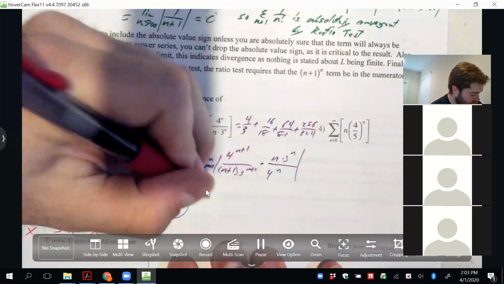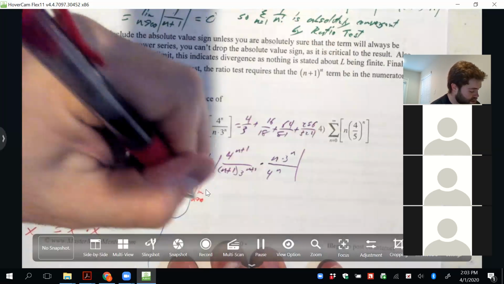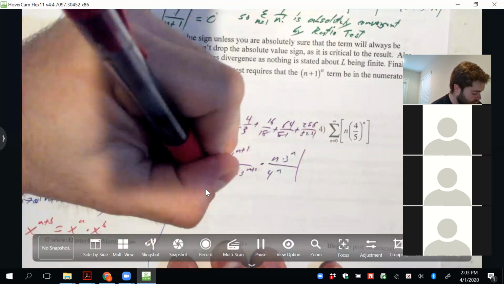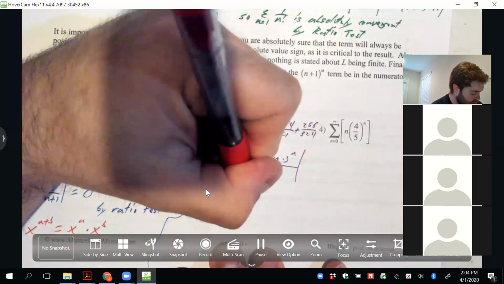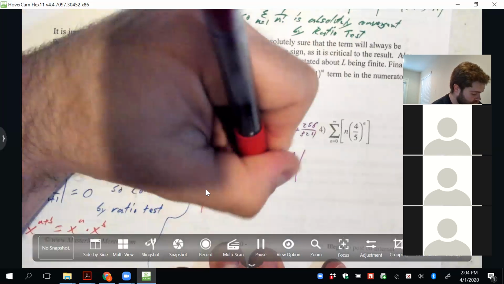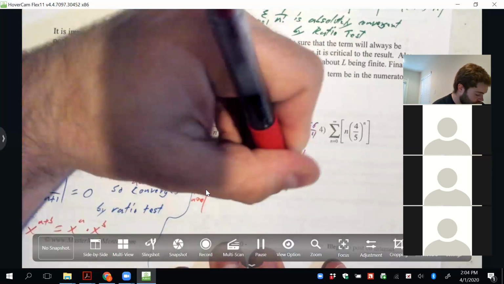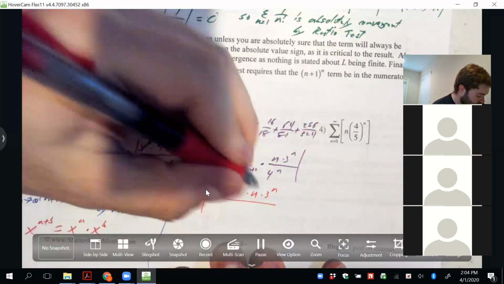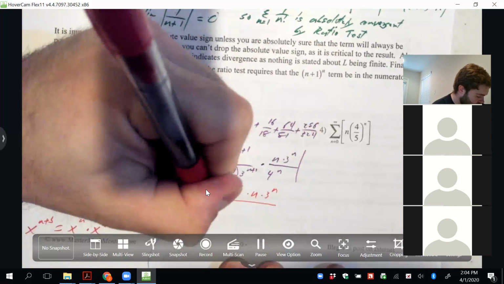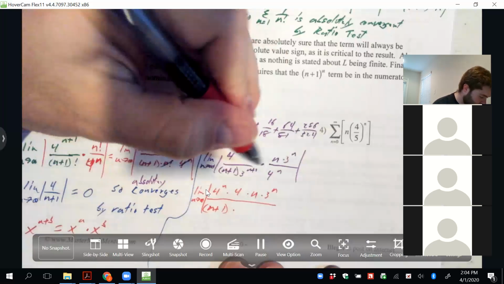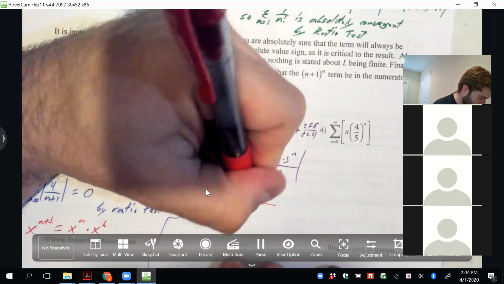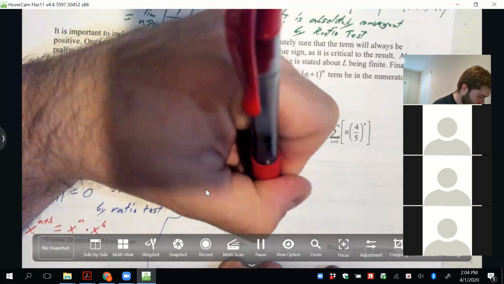Limit as n approaches infinity. 4 to the n plus 1 can split up into 4 to the n times 4, times n times 3 to the n. All over the bottom, we have n plus 1 times, I'll split this one up too, 3 to the n times 3, n times 4 to the n.